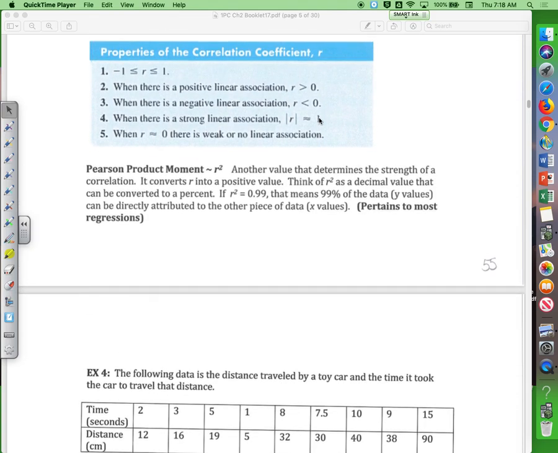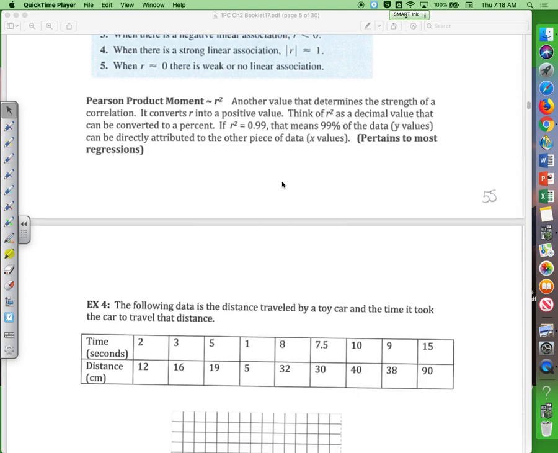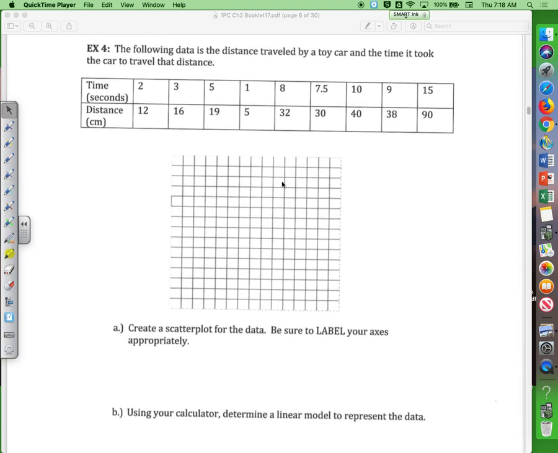For our car example, it would mean 99% of the value of the car is directly related to the age of the car. So it just gives you the strength of the correlation, a numerical value to think about.